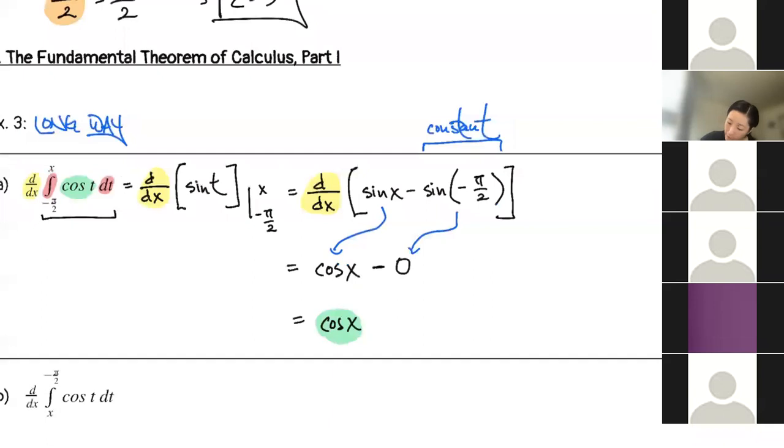So if I had x times 2 and then I divided by 2, I would get x. Similarly, if I had x plus 3 and then minus 3, I would get x. Or if I had x squared and then I took the square root, I would get x.